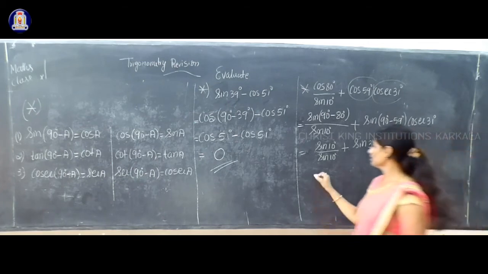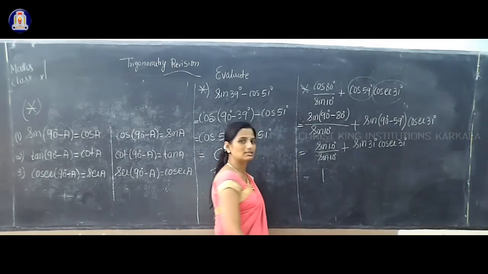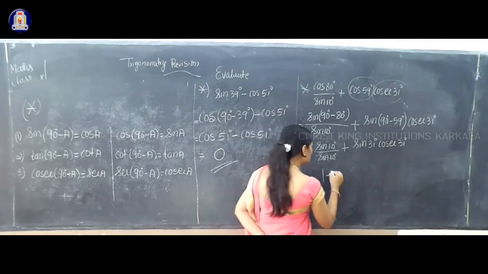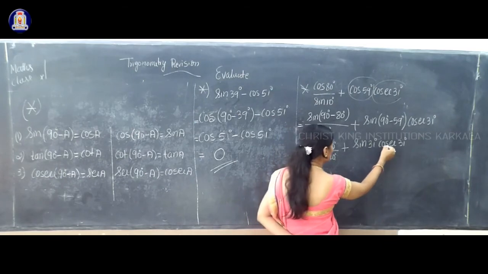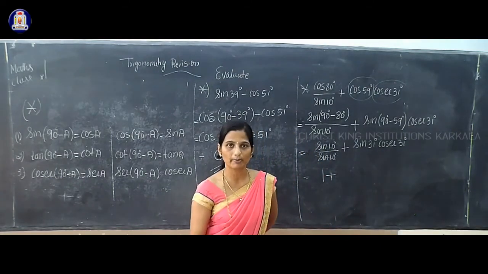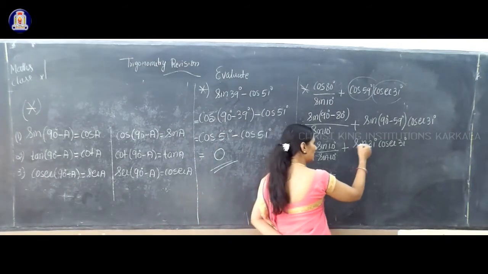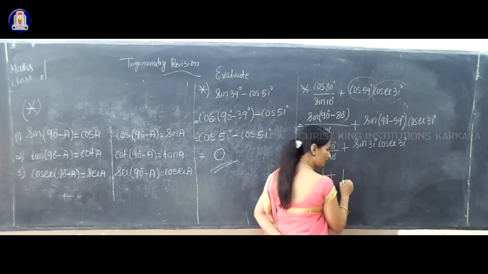So numerator sin 10, denominator sin 10 cancels. It is equal to 1 plus, already you know this formula, sin A into cosecant A. Sin A into cosecant A is how much? 1. So similarly, sin 31 degrees into cosecant 31 degrees is 1, right?